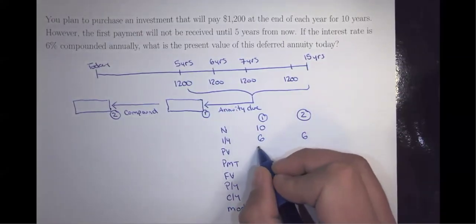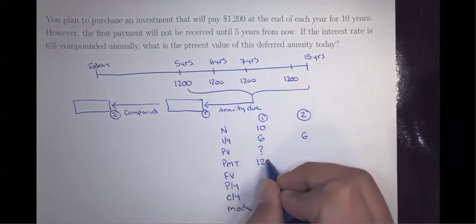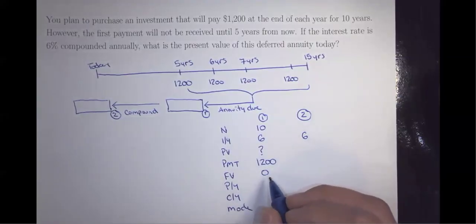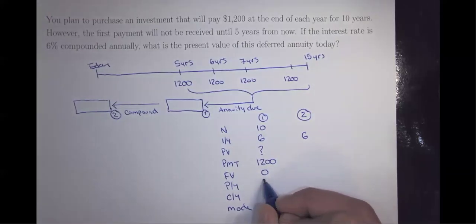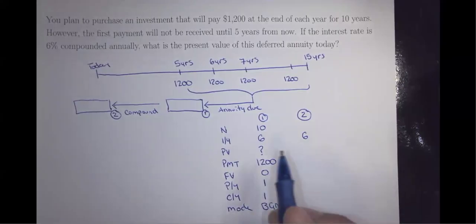The present value in this case is unknown. The payments are $1,200. Future value is 0. My payments per year, I'm making 1 payment per year, and I'm compounding 1 time per year. And I'm in beginning mode because my present value sits underneath my first payment.